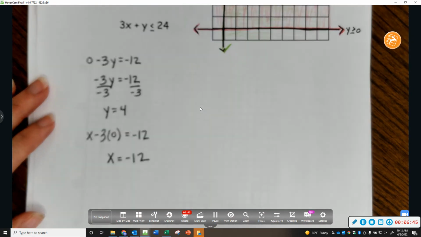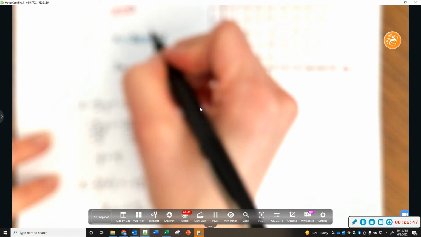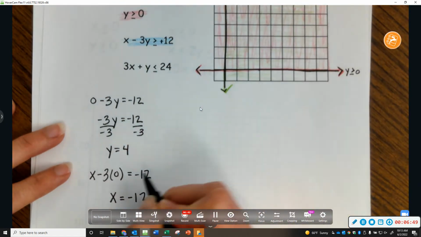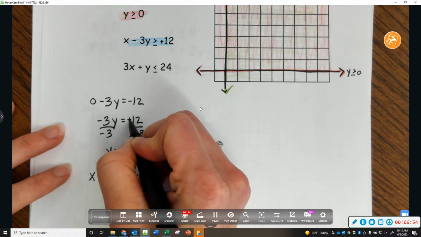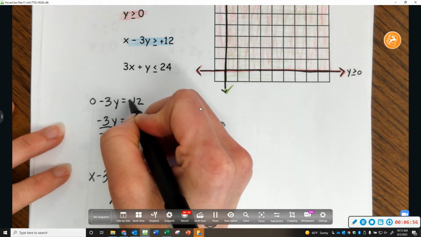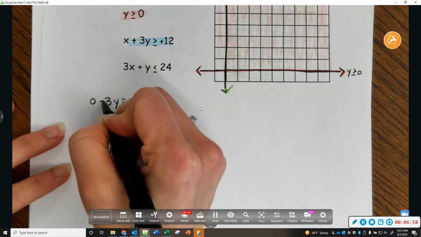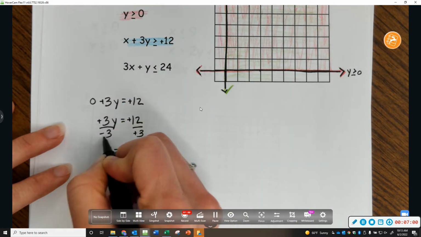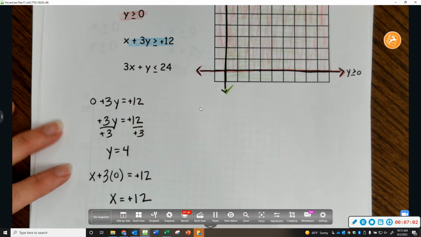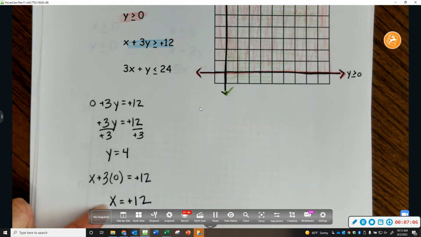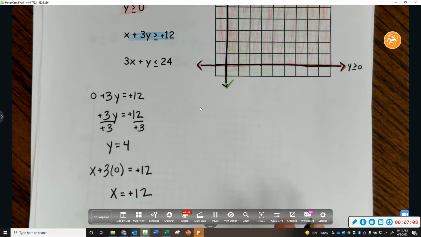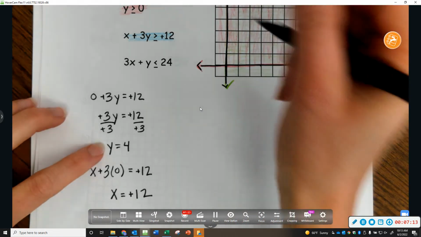Uh-oh. I didn't do that. Let's make this a positive 12 and a positive 3. Sorry, guys. So this is a positive 4 and a positive 12, only because my graph doesn't go negative. Okay, so y is 4.